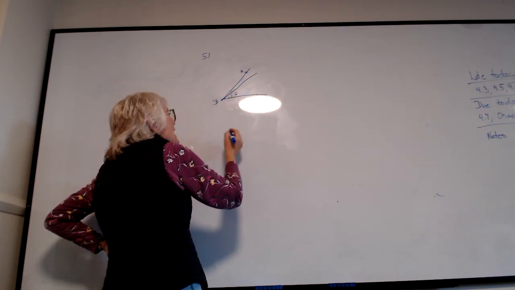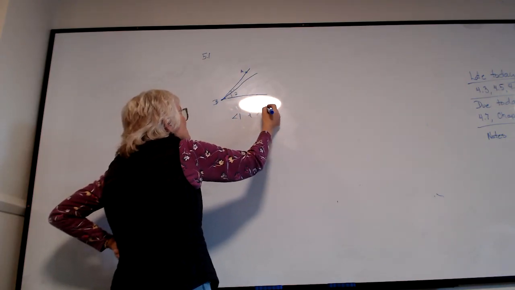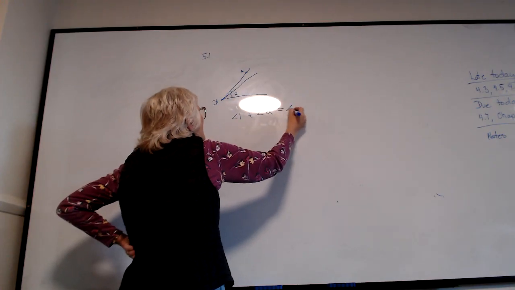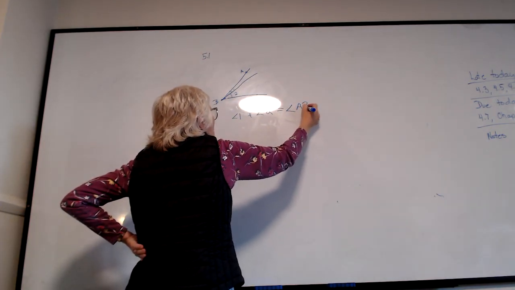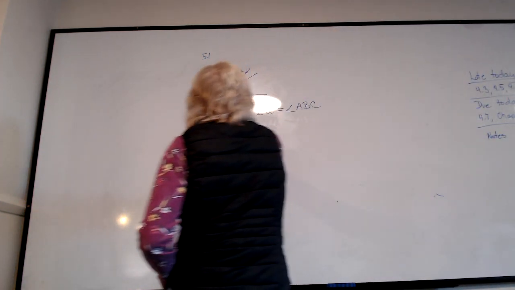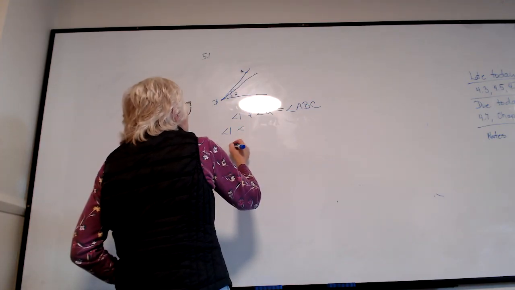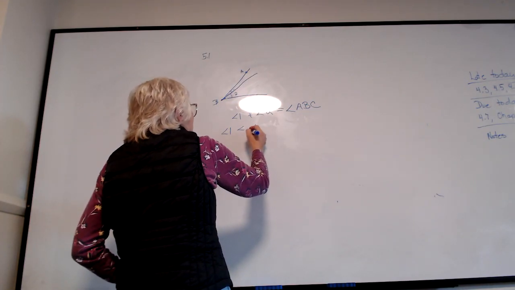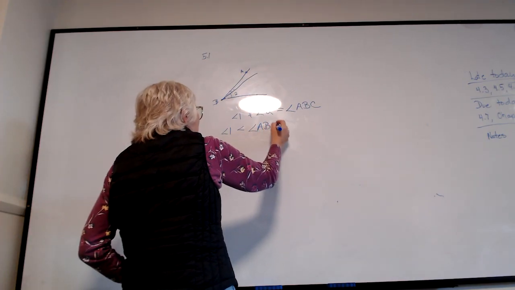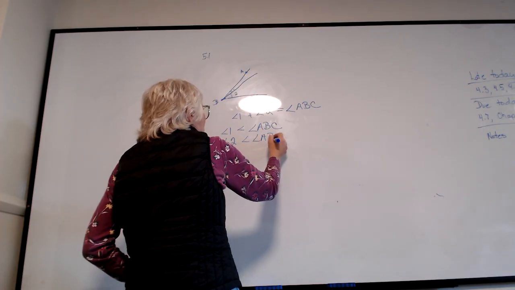If I look at angle 1 plus angle 2 equals angle ABC, do you agree with that statement? Yes. Okay. So we know that angle 1 is less than angle ABC, and we can also say angle 2 is less than angle ABC.